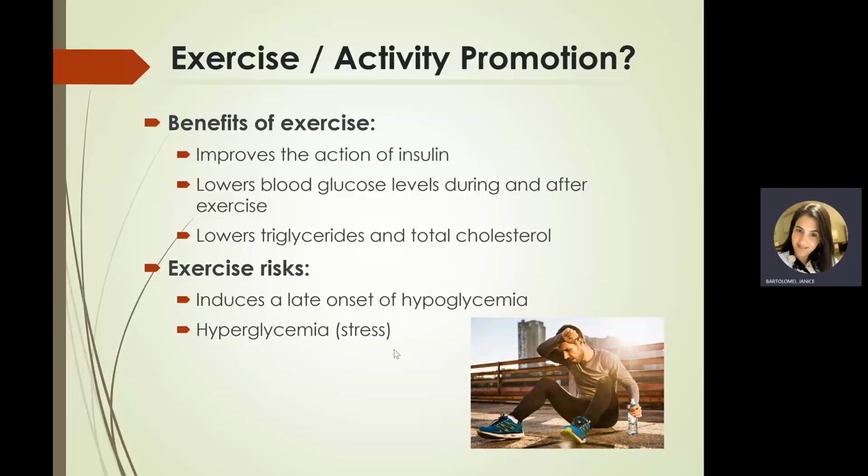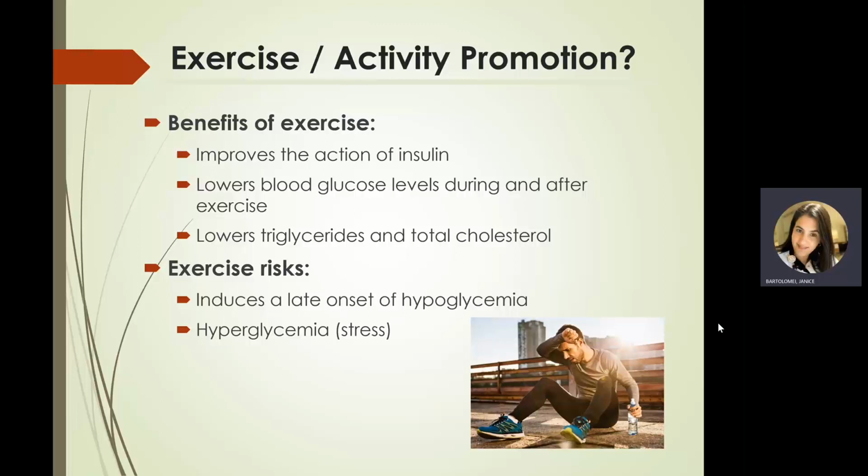It's really recommended to do 30 minutes of moderate intensity aerobic exercise, 5 days a week. So most of the days of the week, okay? Now, there are some things we need to watch out for. When we are exercising, it could induce hypoglycemia if you are working a little hard and you've taken your insulin or your hypoglycemic agents.